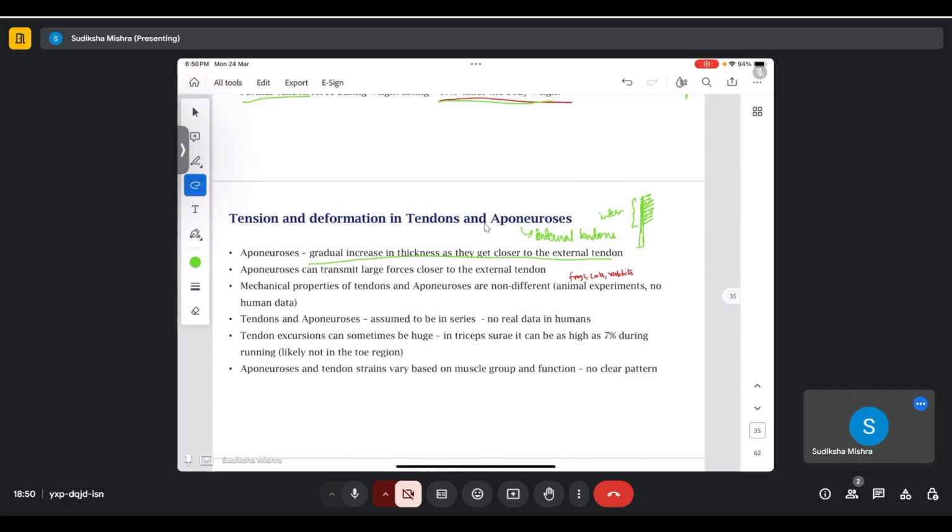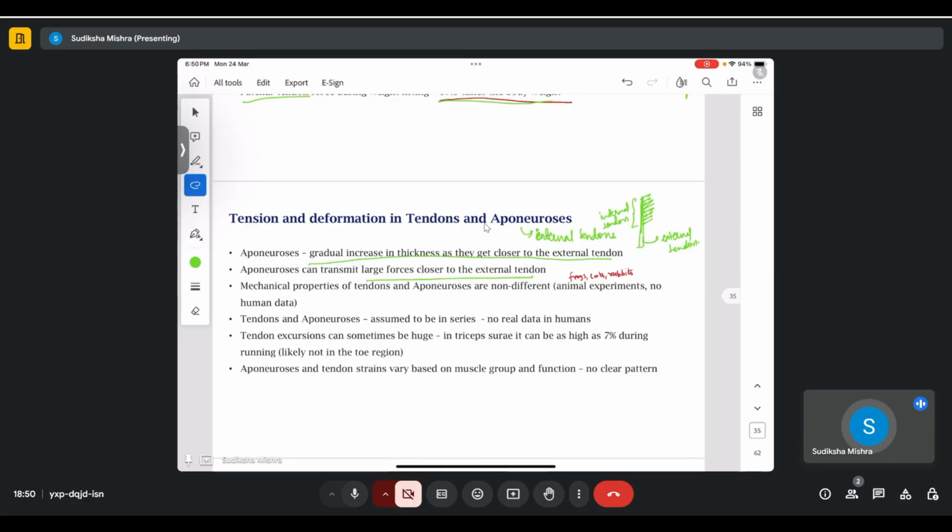This is the muscle, this is the internal tendon, whereas this is the external tendon, or the tendon. Aponeurosis can transmit large forces closer to the external tendon.